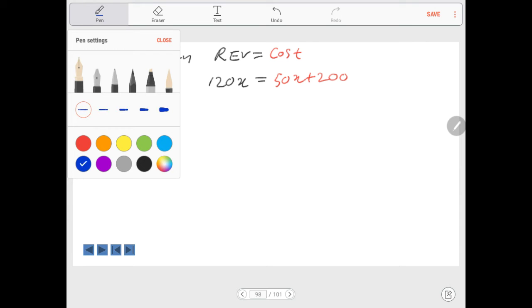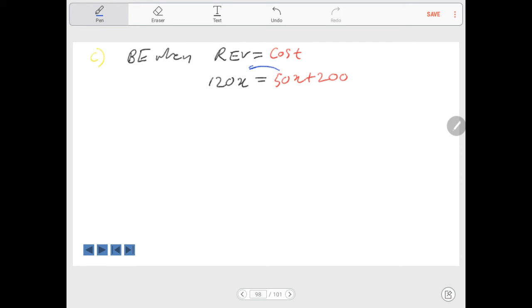So I'm going to rearrange this by bringing this 50x over, and it will become a negative 50x. So 120x take 50x equals 200, just switching to one colour now. And that means 70x equals 200.